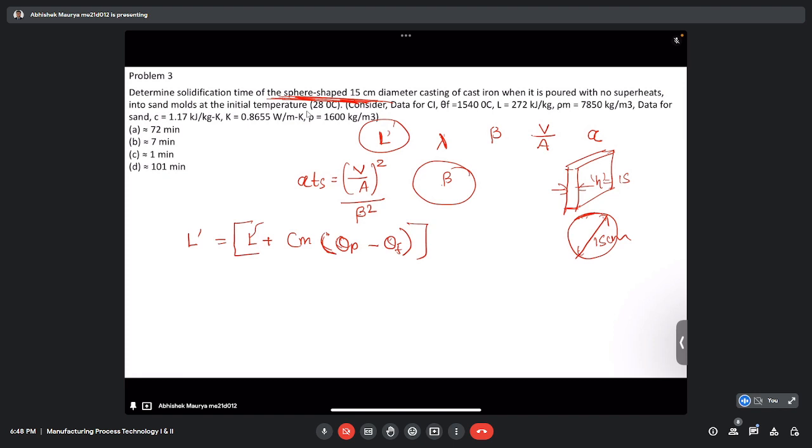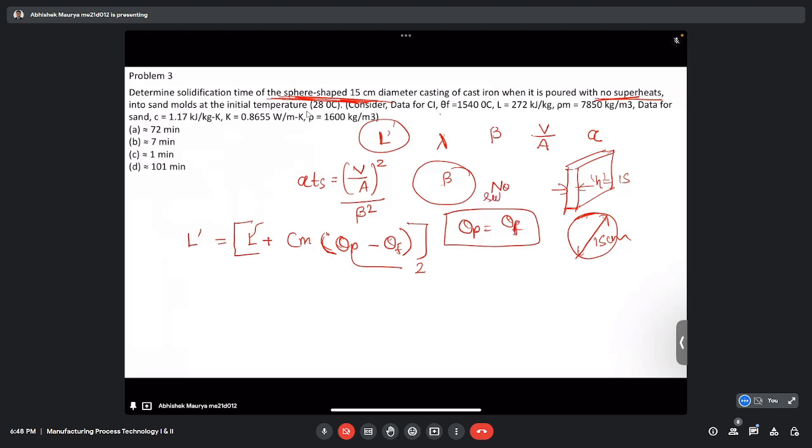If you see the data, the pouring temperature is given. It is poured with no superheat. It means theta p is equal to theta f. No superheat means the pouring temperature is the same as the freezing temperature.